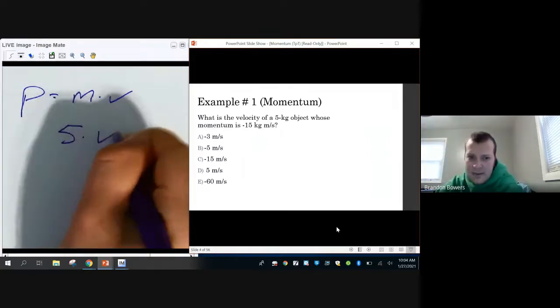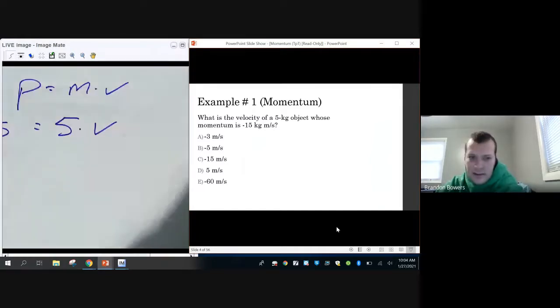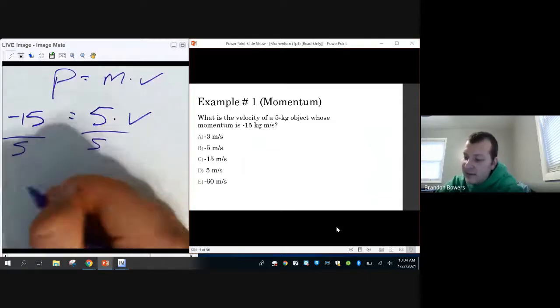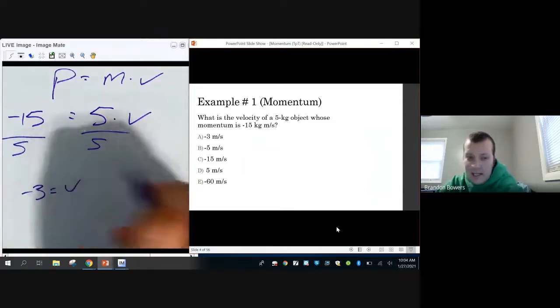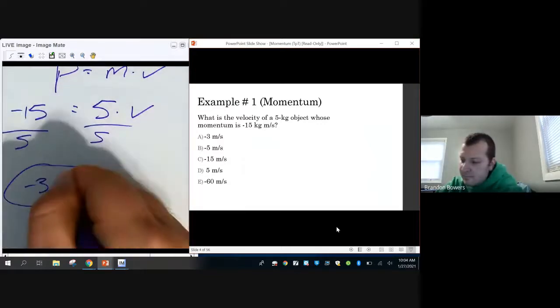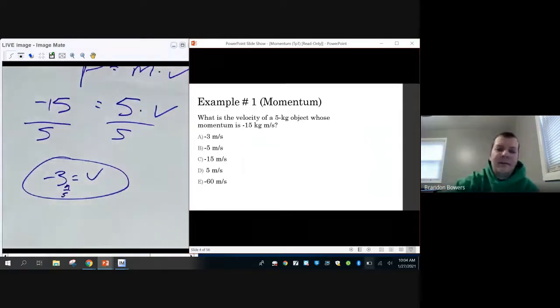It says, what is the velocity if my momentum is negative 15? Well, the opposite of multiplying is dividing. So divide by 5, divide by 5. Velocity is negative 3 meters per second. And that's how you would solve that type of problem.